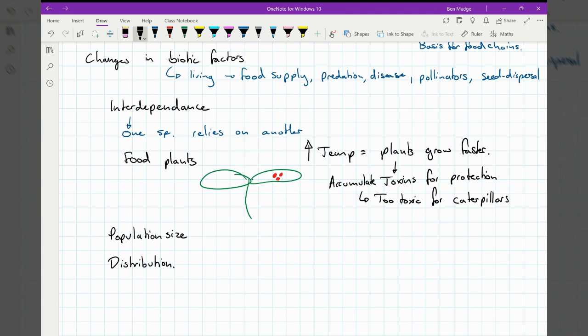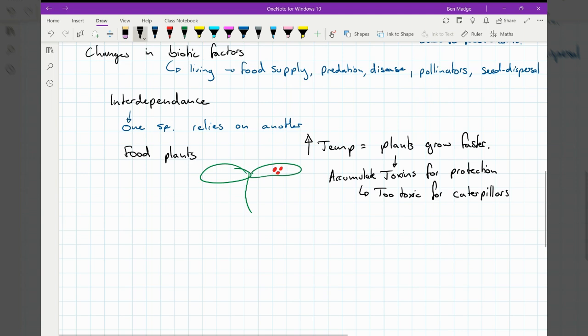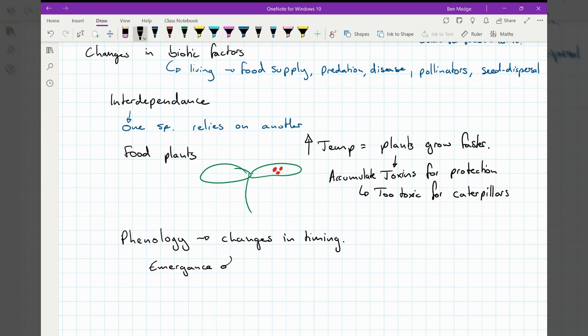We have things like changes in timing. Now, when we're looking at changes in timing, this is called phenology. So this is where you have timing associated with the emergence of food.